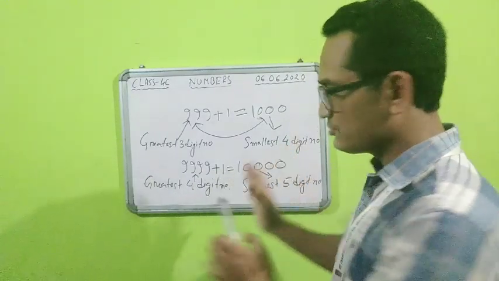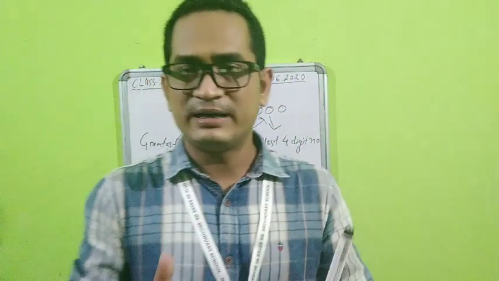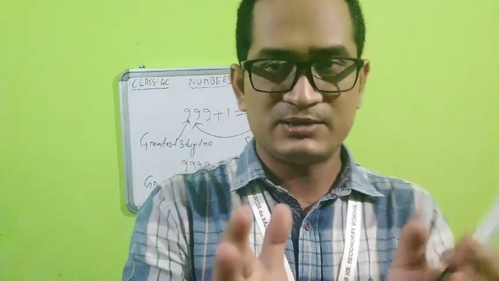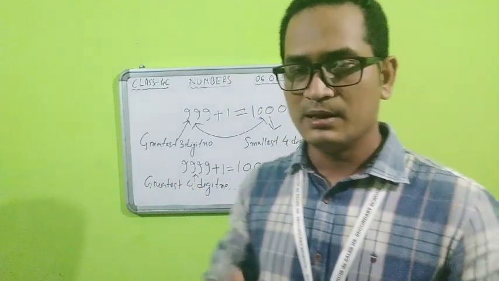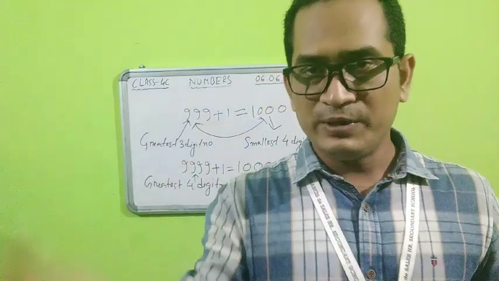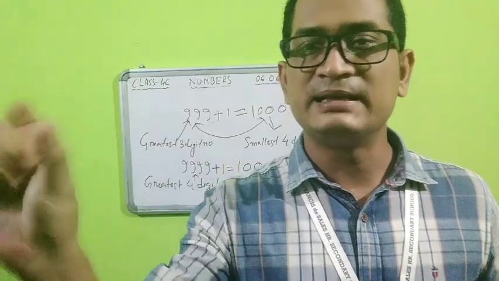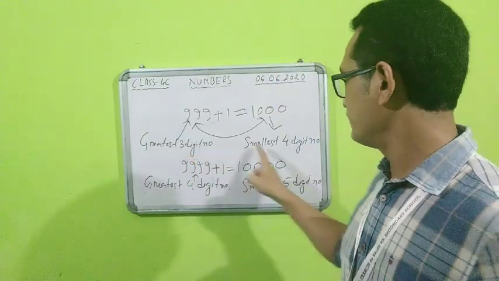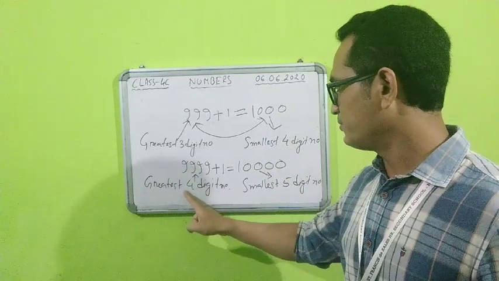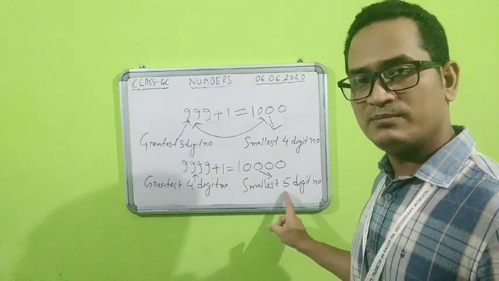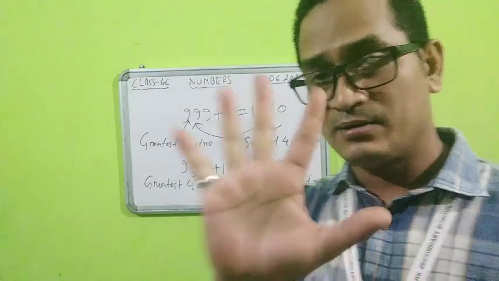So this is actually a pattern. When we add 1 to any greatest 2-digit, 3-digit or 4-digit number, we get the smallest number, but the number of digits increases. If it is 3-digit, it will become 4-digit. If it is 4-digit, the smallest number will become 5-digit.